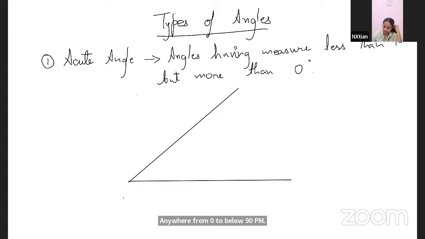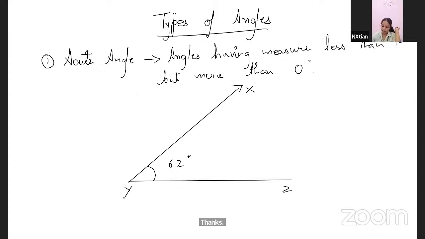So this is approx 62 degrees, which is an acute angle. You can name it YZX. Suppose I'm having my 90 degrees here. Red line is 90.